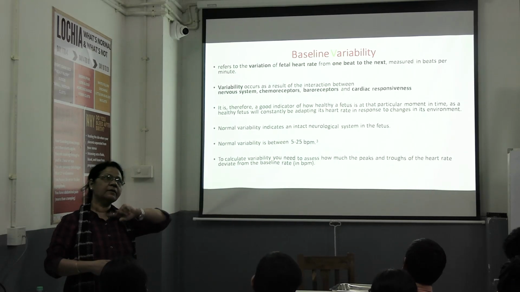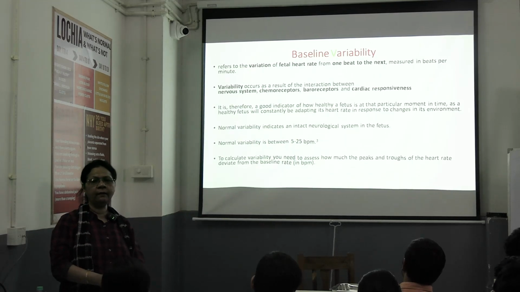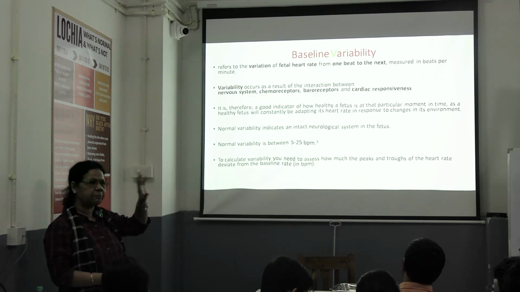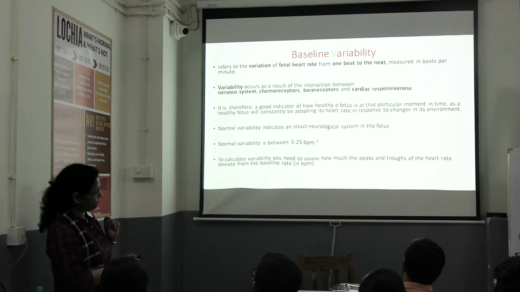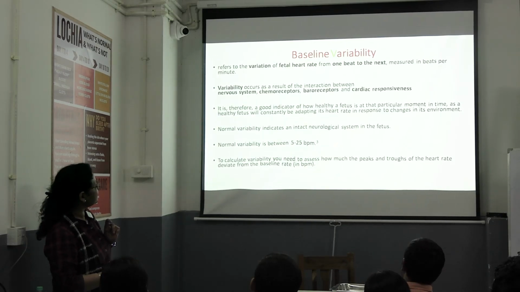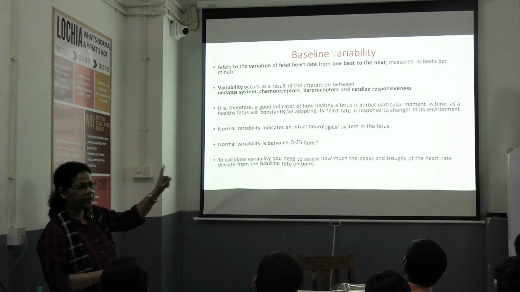So the heart, the neurological system, the CVS, all are working in coordination. That is why the variability is there. If it is not present, that means something is wrong. And it is a good indicator of a healthy fetus. Normal variability indicates an intact neurological system. Variability ranges between 5 to 25.